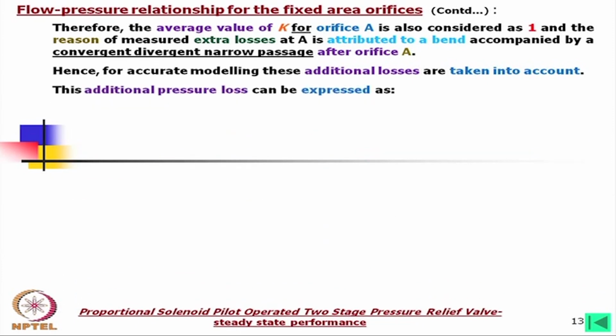This additional pressure loss can be expressed with this formula, K loss half rho Q divided by the area of that restriction, to the power squared.